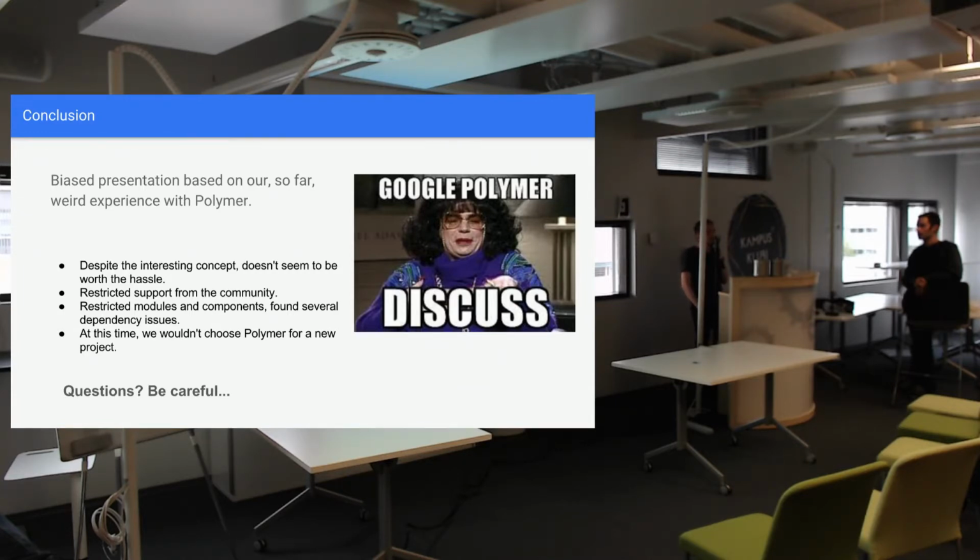There is some support, but not much. If you have a weird bug and you need support from the community, you have a hard time finding it. There are not many people doing that. It's just at the wrong end of the evolutionary ladder of web libraries right now. What else? I think we covered it all.